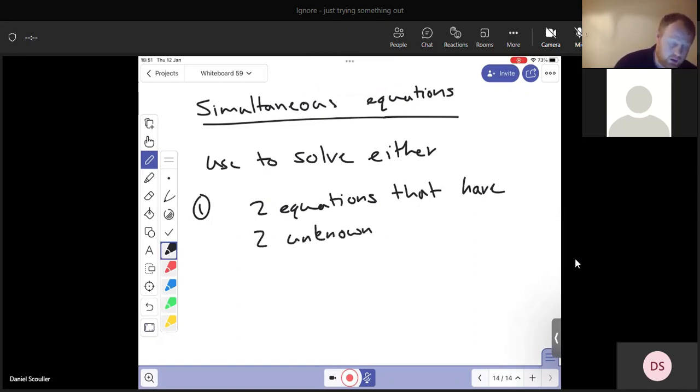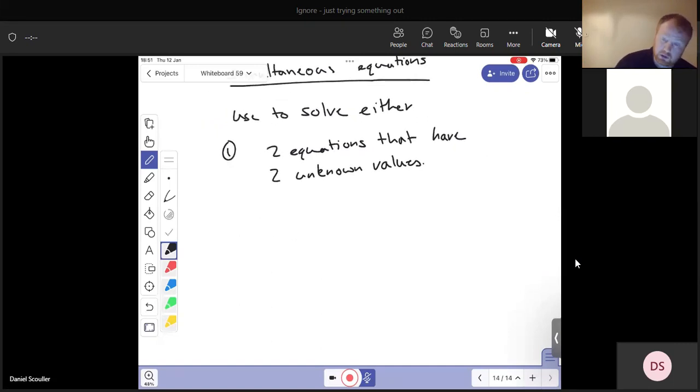That will make sense when we look at a couple of examples. Okay, two unknown values in each. So we're using them to find these unknown values, to solve those equations.